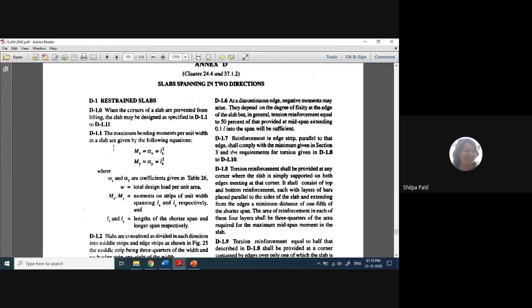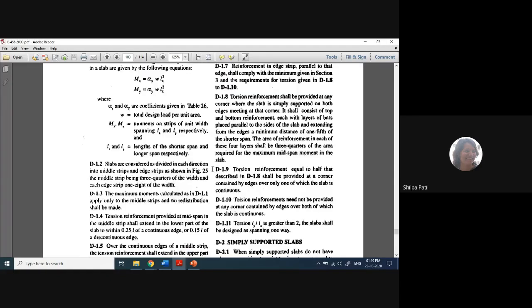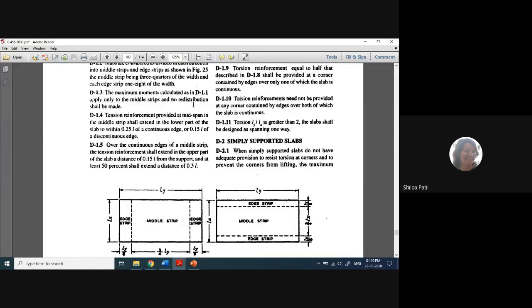When the corners are allowed to lift, you have to go for the second clause, that is D2, simply supported slabs. I'm going to refer to this first because this is easy to understand. Once you understand this, then we will go to the little bit difficult part. So let us come to the second part first, simply supported slabs.